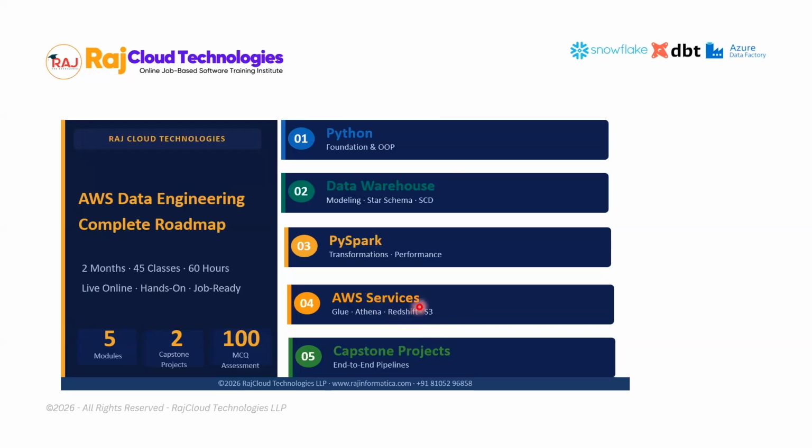Once you understand this course, you can replace Redshift with Databricks or Snowflake, any tool you want, because you have done your foundation strong. But as a part of this curriculum, we will focus on Redshift.